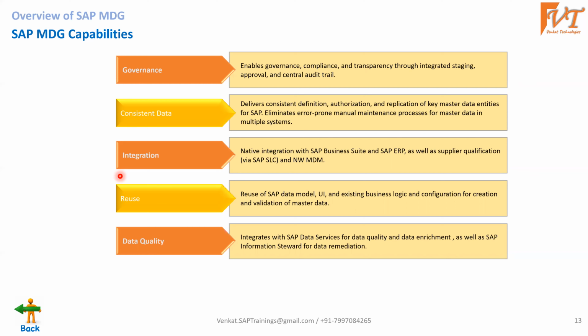Then only that data will be available to the users for their transactions. It's not like that. As soon as we maintain the data, it is available in real time. But in MDG, we can control the quality of the data. So I may maintain the wrong data, but we can control the data here.